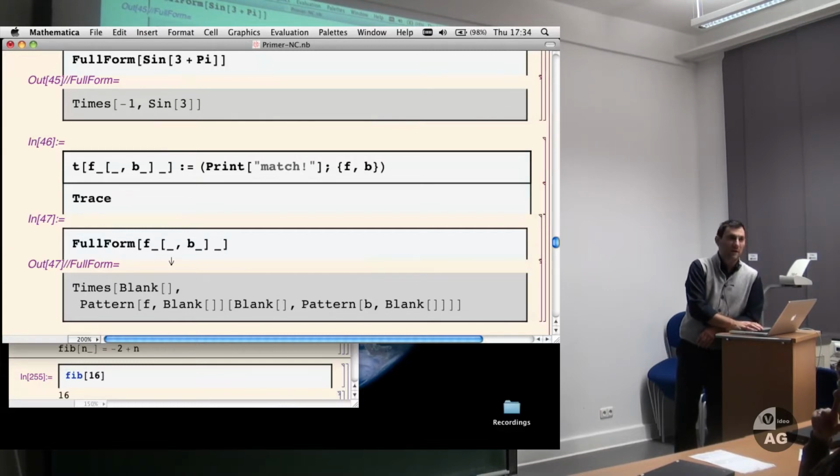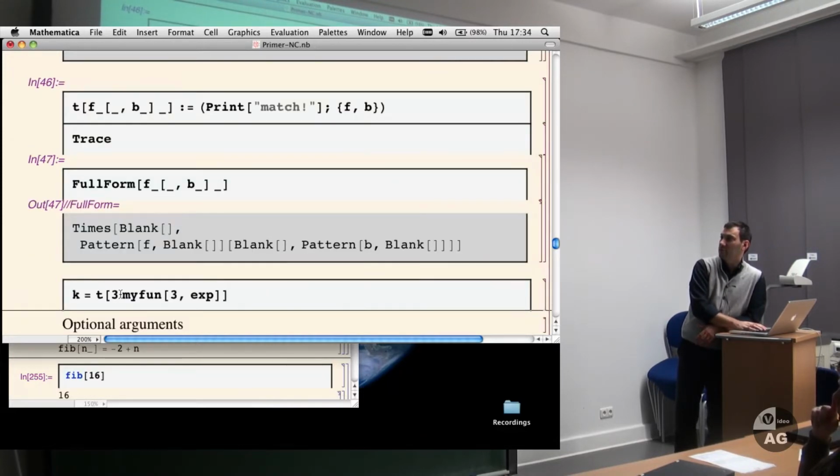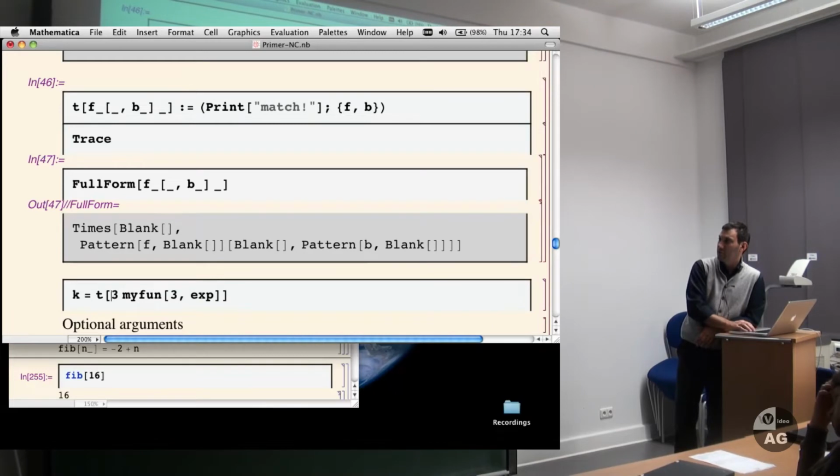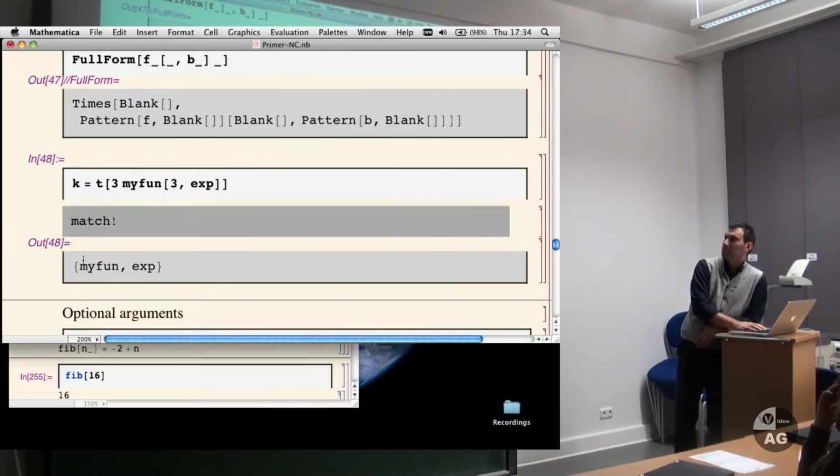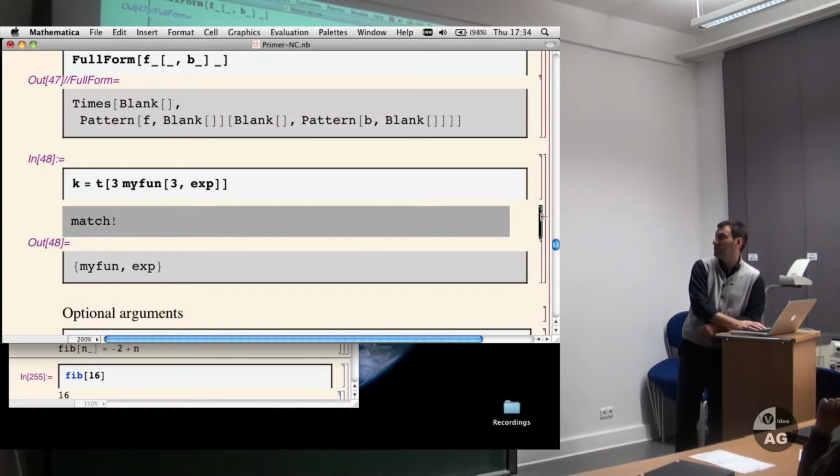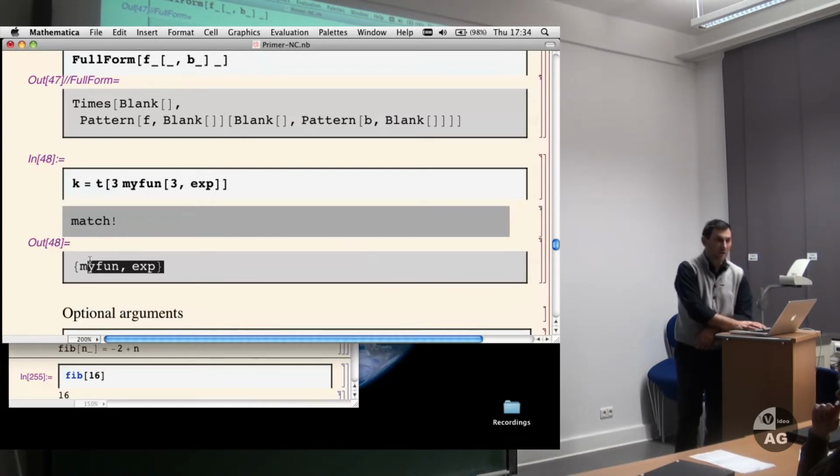So basically what I'm matching is the same as before multiplied by something. Now I need a factor, and so the function with 2 arguments, okay, it's here, and now I also have a factor, so these will be matched. And I get, oh, match, this is a print statement. See, this is a different type of cell. It's not input, it's not output. And that's the result.